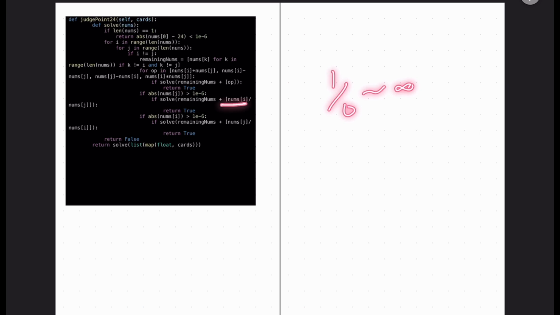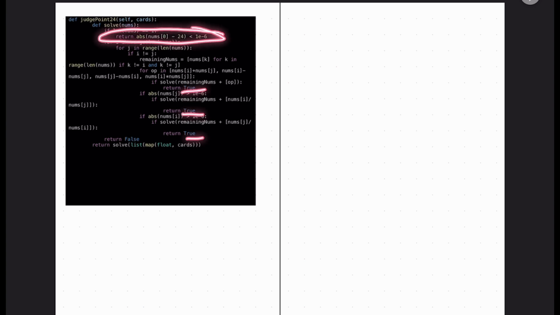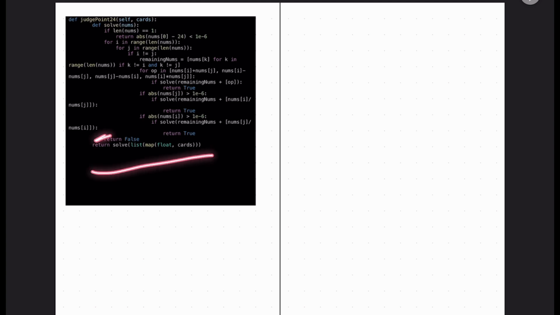So to avoid that, we check nums of i divided by nums of j. If it's greater, we add that to the remaining nums and call further recursion. The same way, i by j will give a different answer, j by i will give a different answer. That's why we have two conditions. If any of these contribute to 24, we return true from here. If not, it will return false. I hope this makes sense.